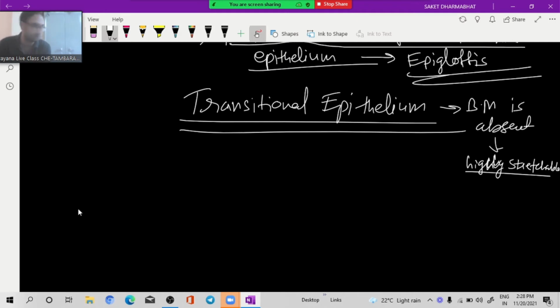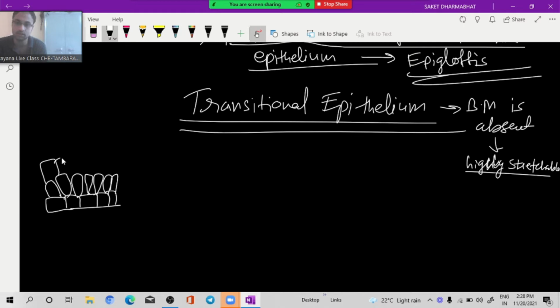Now, if we see its structure, 4 to 6 layers of cells are there, like this.